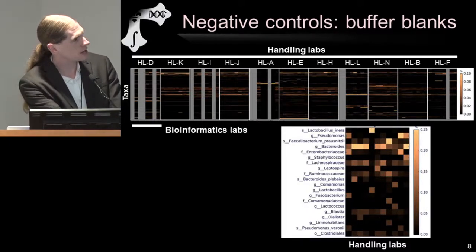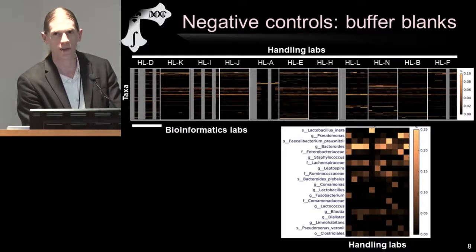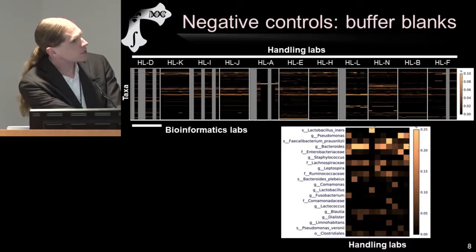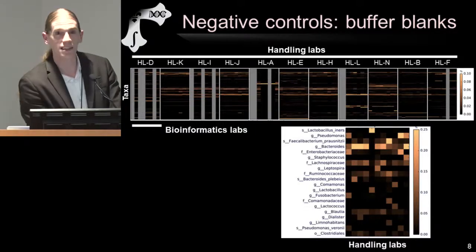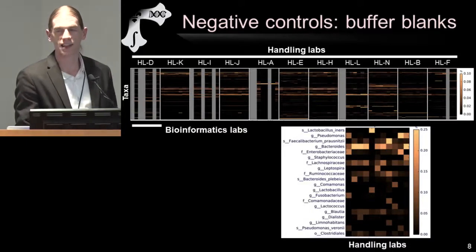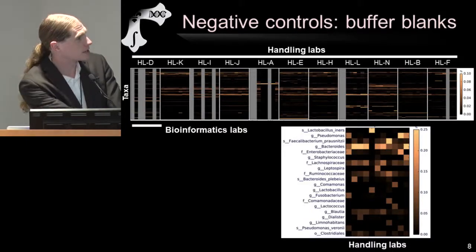So each column here summarizes a whole panel. Each column is one whole data generation lab. Each row is a zoom in on the most abundant couple of taxa. Some of these, if we look down the top, are traceable to contaminants in the originating lab, so bugs that were being grown in the lab that handled these microbiome samples.